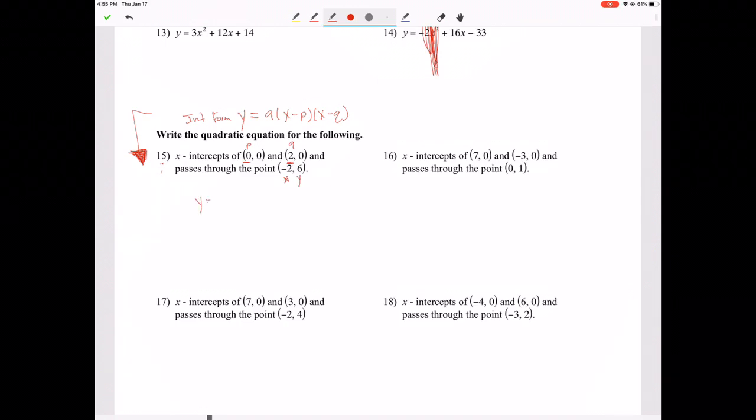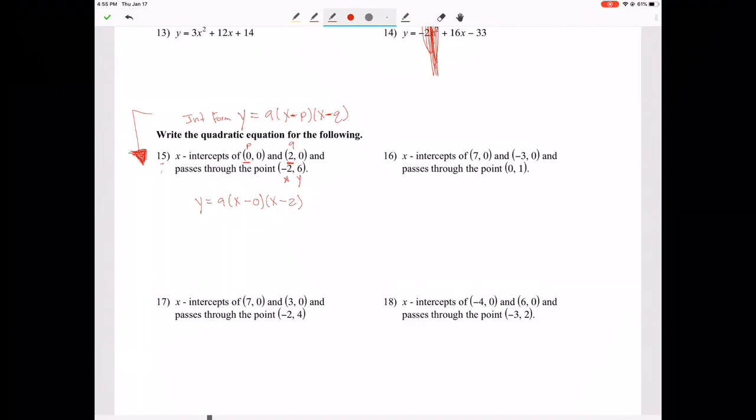So here we have y equals a times x minus p, which is 0, and then x minus q, which is 2. You don't have to worry about switching signs because it's taken care of in your equation, okay? Here we have a positive 2, we plug it in, now it's a minus 2. It takes care of itself.